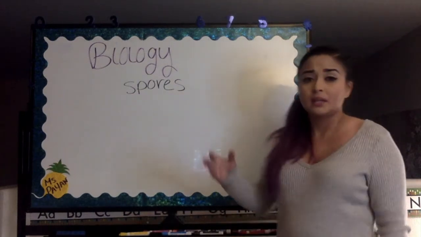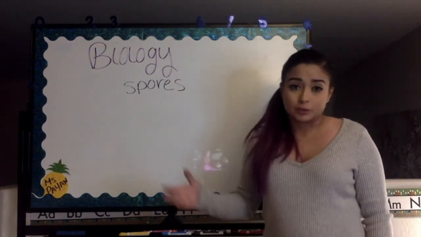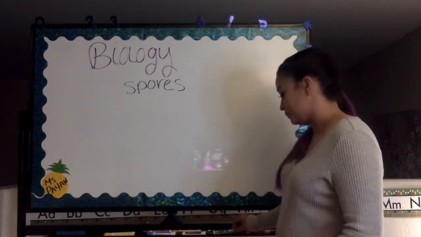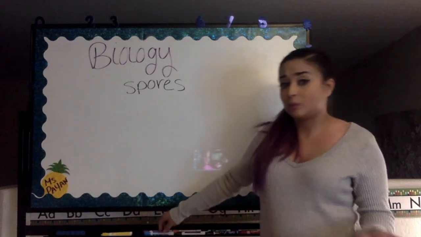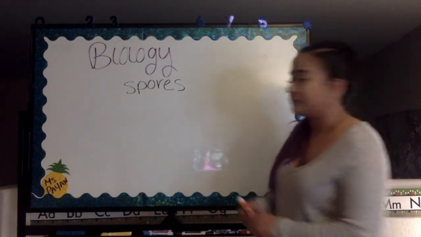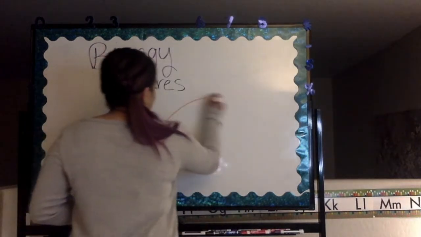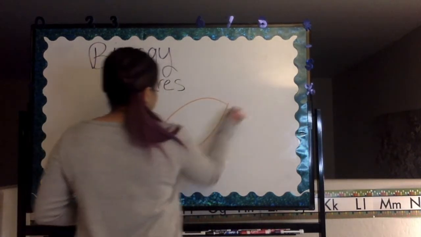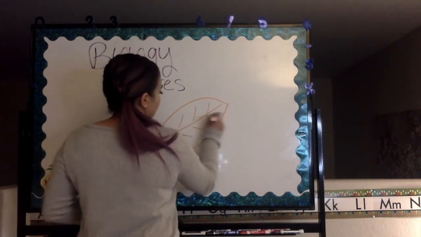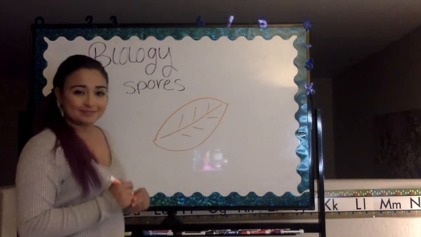Now, spores grow in the plants. For example, maybe next time you take a walk or anything like that, pick up a leaf or look at a leaf. Let's say we have a leaf. I made a very beautiful leaf.